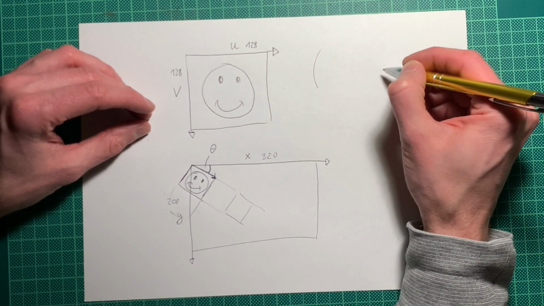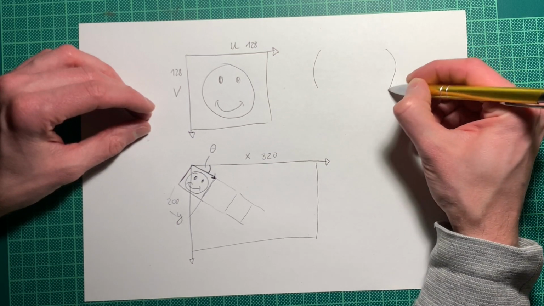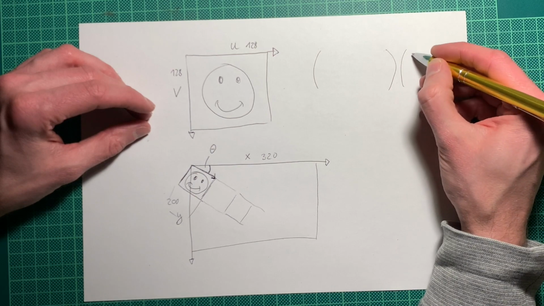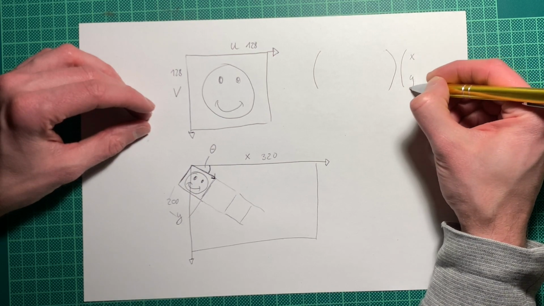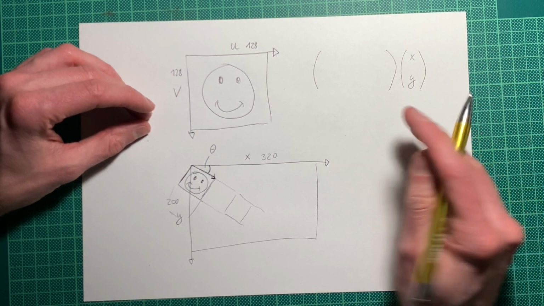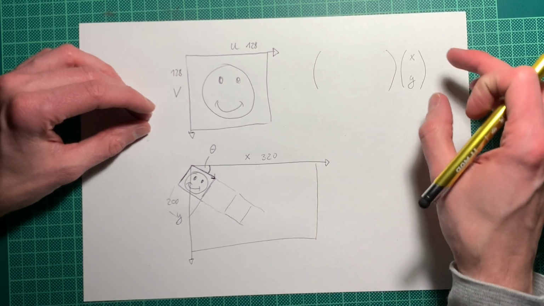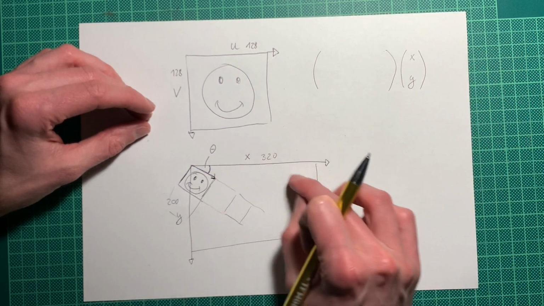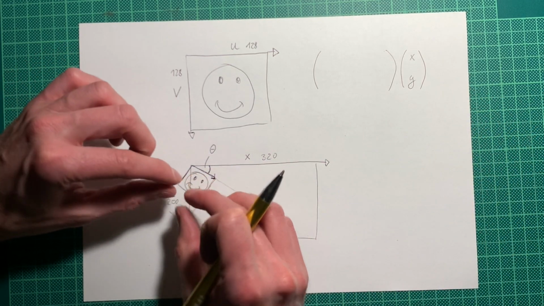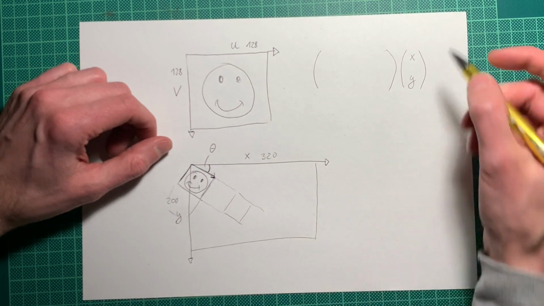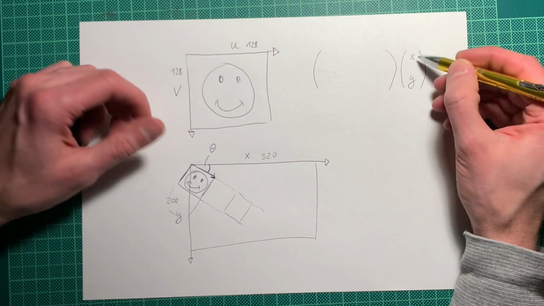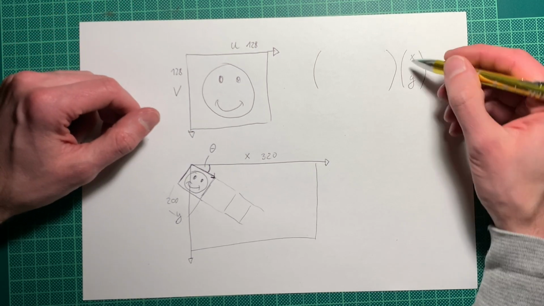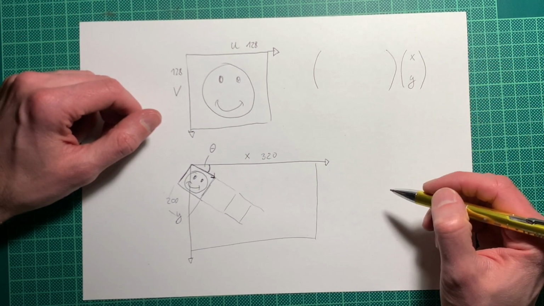We can write down a rotation matrix, and if you don't know matrices and vectors, you should look it up, but the important thing is a point on a plane or a vector, so a direction on a plane, can always be described by two components, x and y for example, and we write them like this in a column.